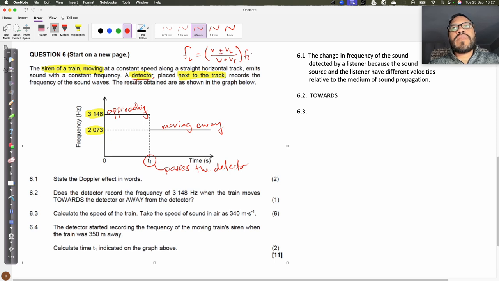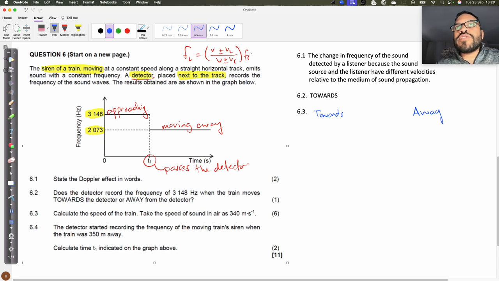Plus minus, plus minus. Now, we're going to set up some kind of an equation, and remember the frequency of the source is true in both scenarios. So what we need to do here is for this equation, we will have a situation where we map out towards, and we will have a situation which we map out away.